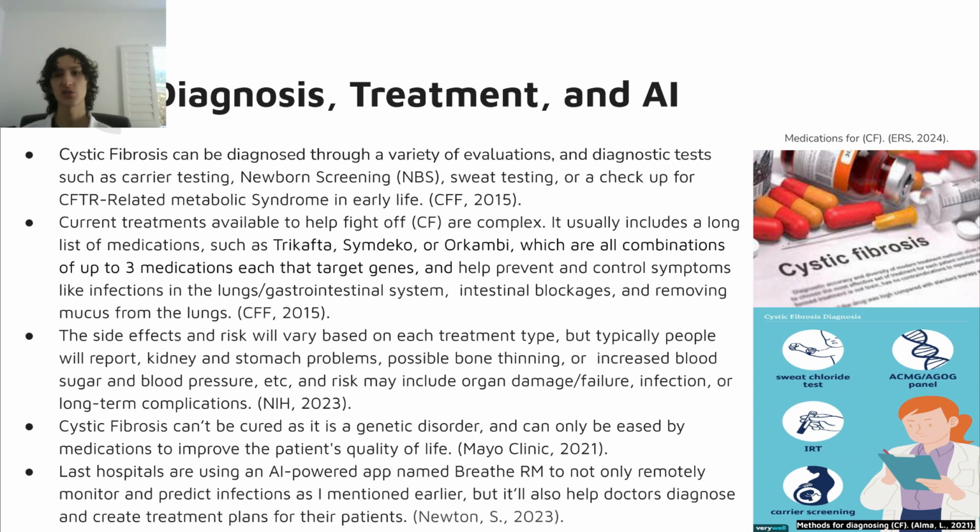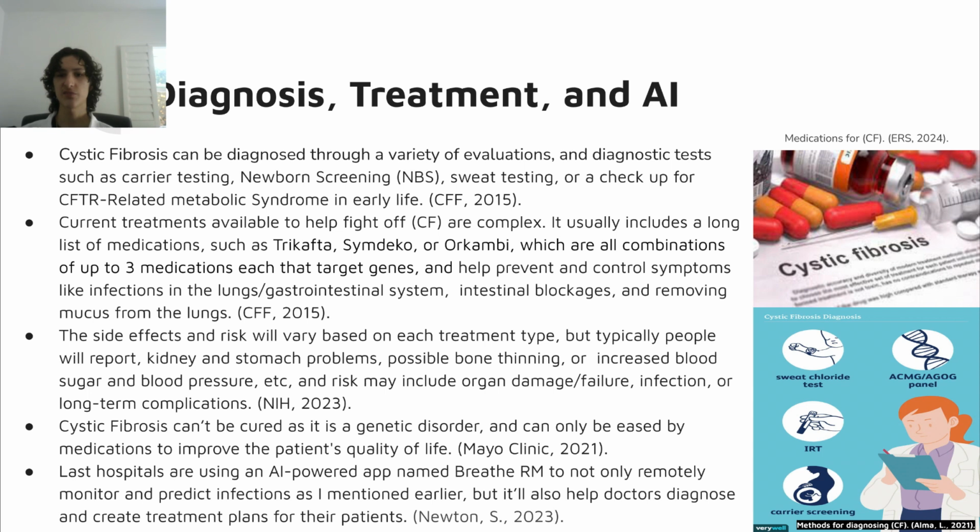The side effects and risks will vary based on each treatment type, but typically, people will report kidney and stomach problems, possible bone thinning, or increased blood sugar and blood pressure, etc. Risk may include organ damage or organ failure, infection, or long-term complications too.